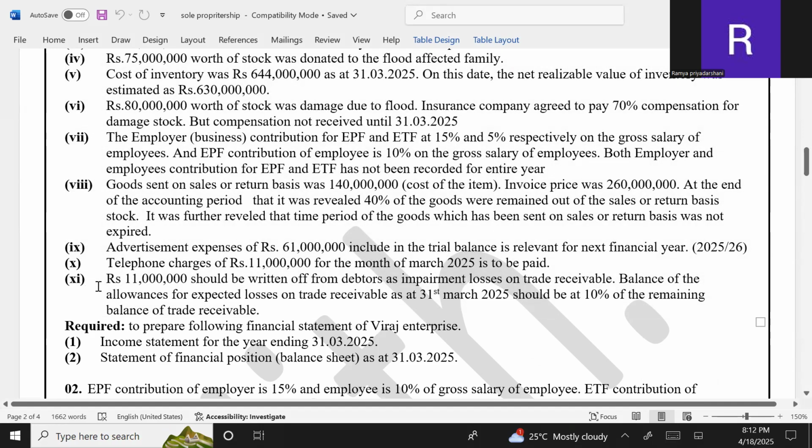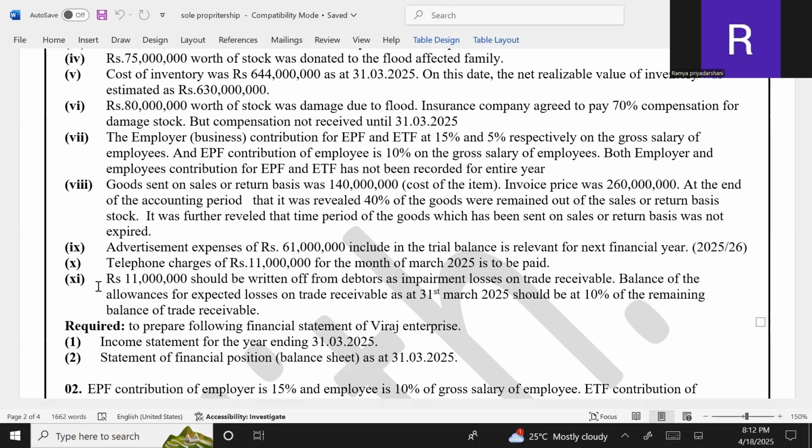Right. If a sales invoice completely omitted is given, it should be done from the beginning. After that, goods sent on sales or return basis. At the same time, inventory adjustment and bad debts and doubtful debts should be done.